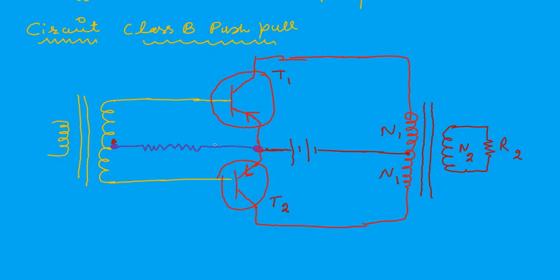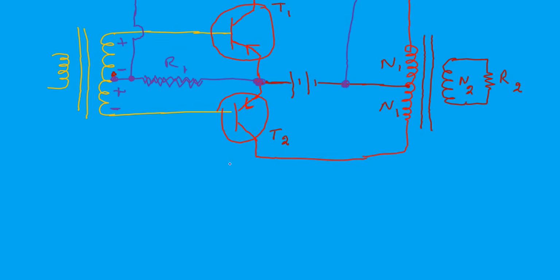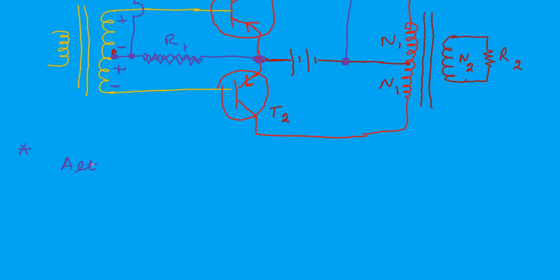This is very important. Of course, you can make the connection with NPN also, but battery placing should be proper, as shown in the figure. There are the resistors R2, R1 for the biasing. The biasing is given so that in the absence of the signal, some very small current flows.